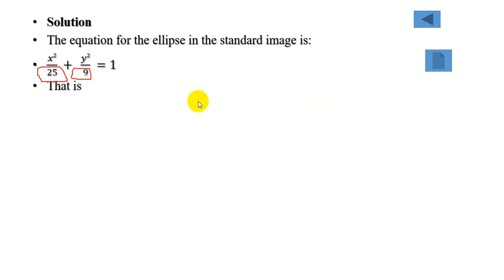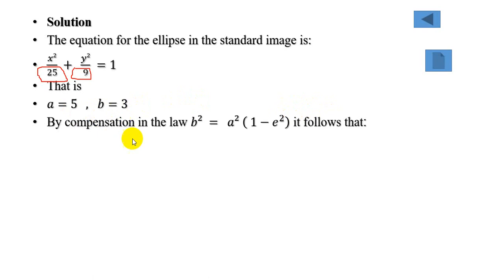Also, we can see that a equals 5 and b equals 3. And this is the relationship between both of them.